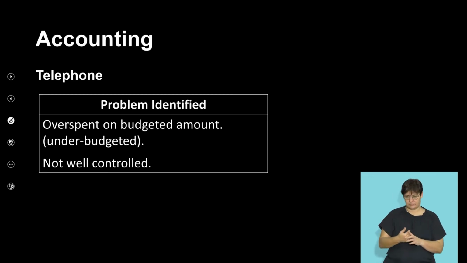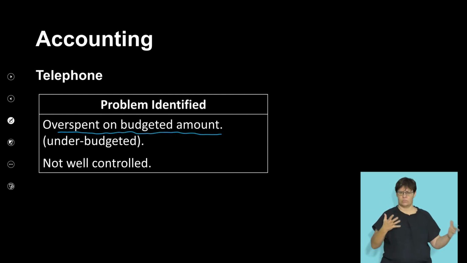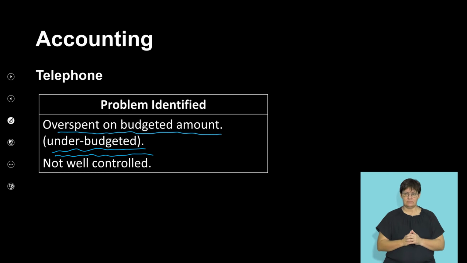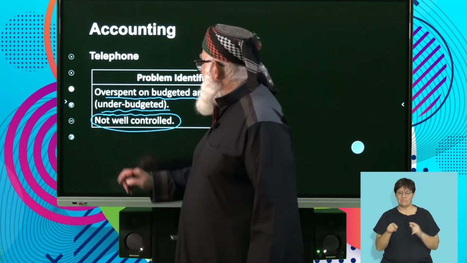So clearly you can see here that we overspent on the budgeted amount, a negative variance, right? Obviously, this is not well controlled at all. Okay, so that's the situation with the telephone.